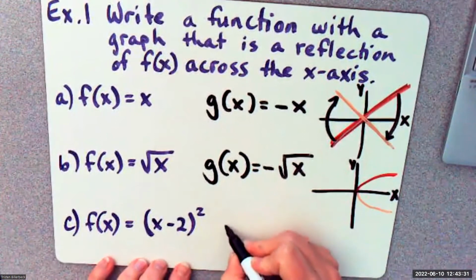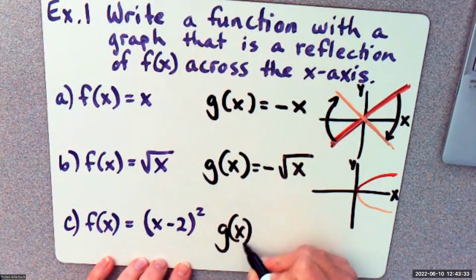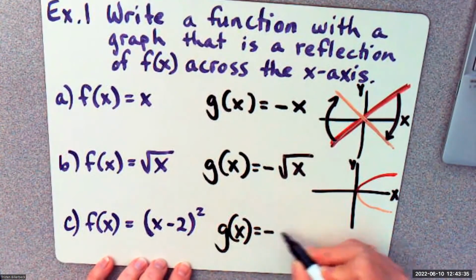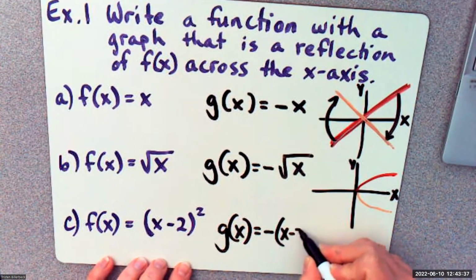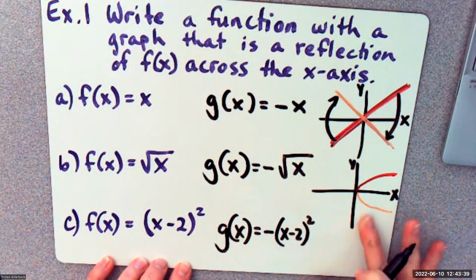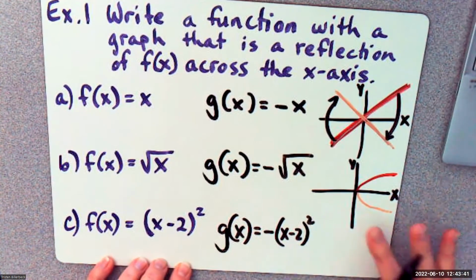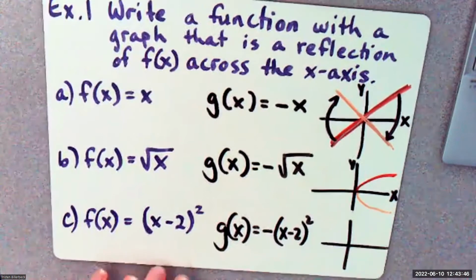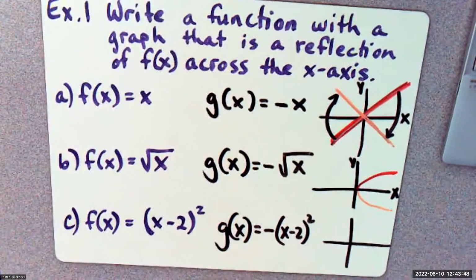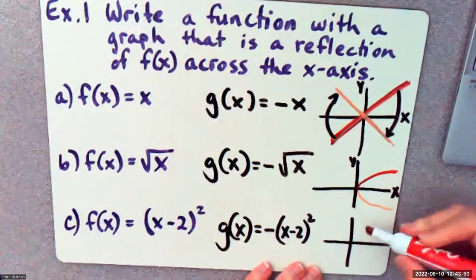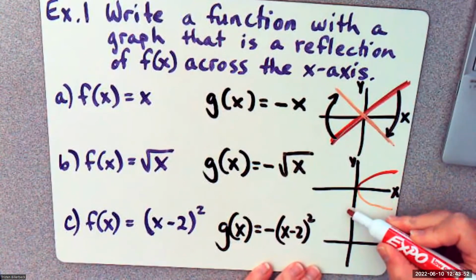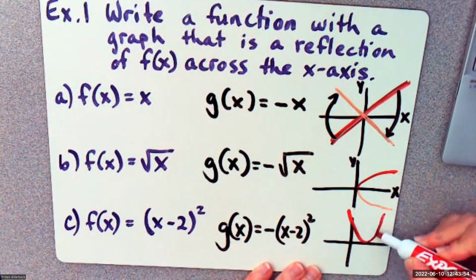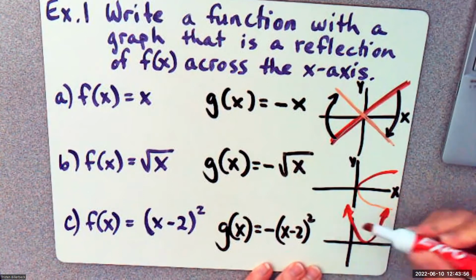All right, so if I do this with this one as well, I have negative, and then I just do x minus 2 squared. So again, if I have this one here and do x minus 2, that's just a shift to the right too. So it's going to come down like that, be a parabola.